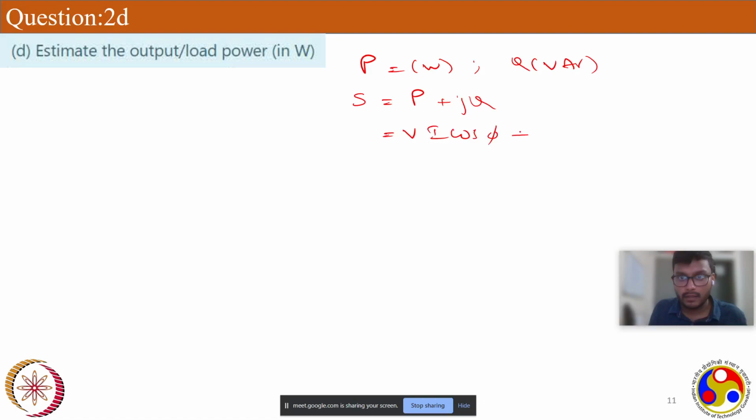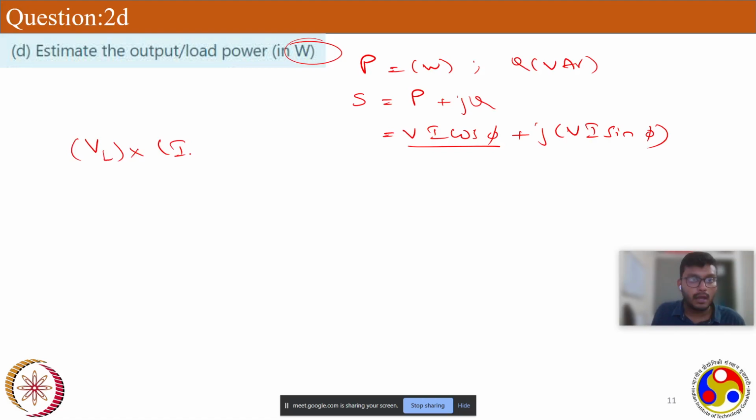So since it is in watts, we just have to calculate this VI cos phi, where it is the load side condition. So you need to multiply the VL side voltage by the I HV side current by cos phi. This cos phi is the angle between load side voltage and load side current.